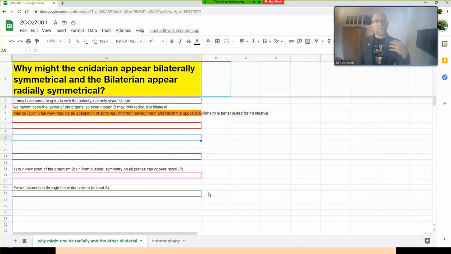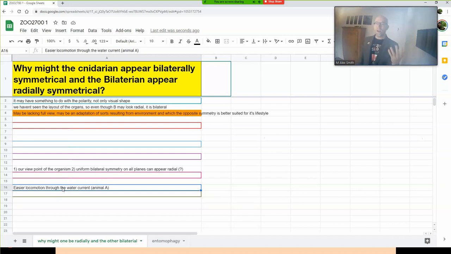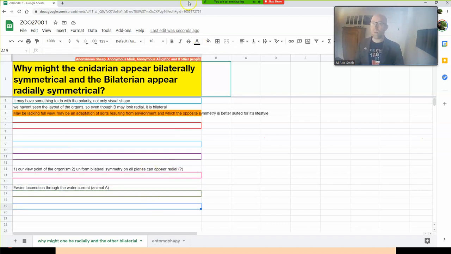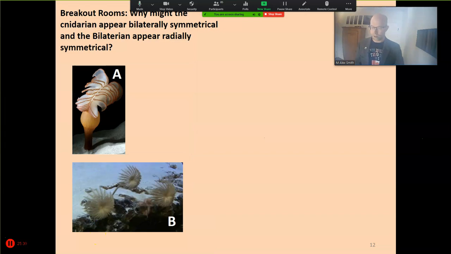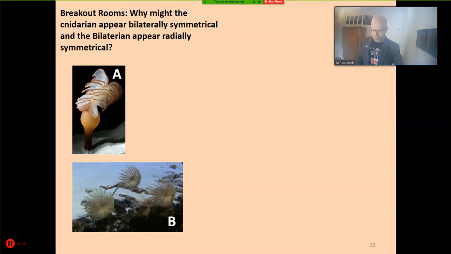Yes? And then at the bottom, easier locomotion through the water current. Now, it's not so much perhaps locomotion, but a response to what the diffuse environment provides. Pat yourself on the back. Let's unpack this a little bit.